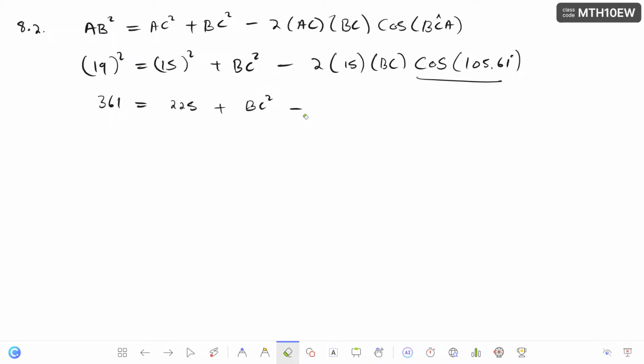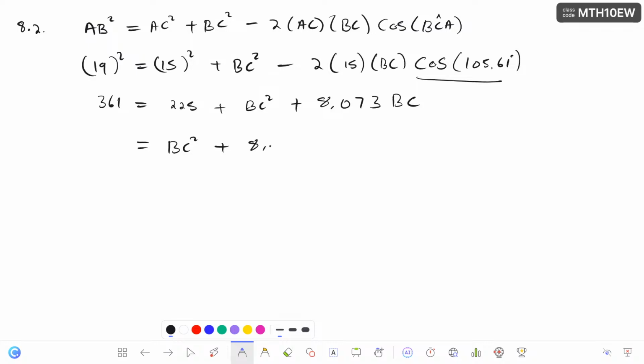It's going to give me positive 8.073 BC. So now we have BC squared plus 8.073 BC. Then I'm going to take this one inside. It's going to be 225 minus 361.